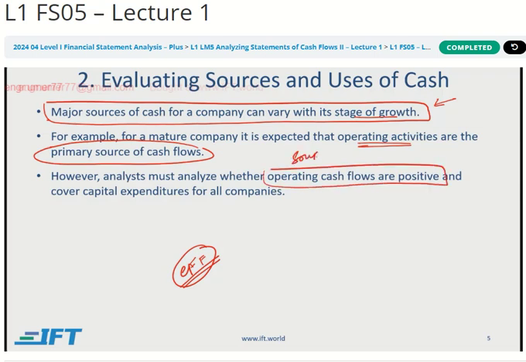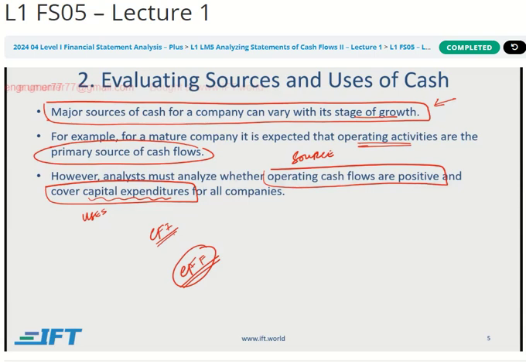So whatever the source is, the question is, how is it being used? Does it cover the uses? For example, capital expenditure relates to your cash flow from investing activities, where sometimes you have to buy new equipment, sometimes you have to buy new land.